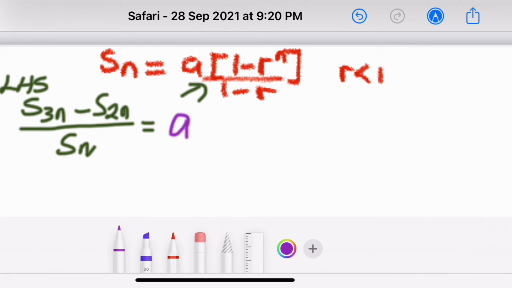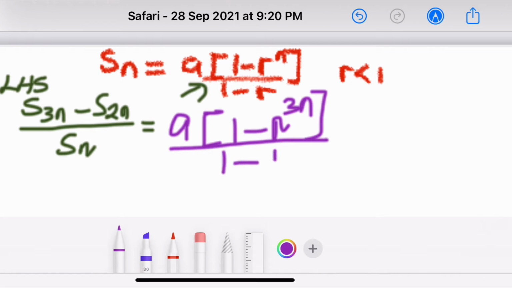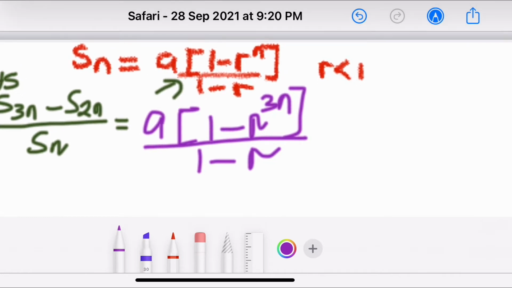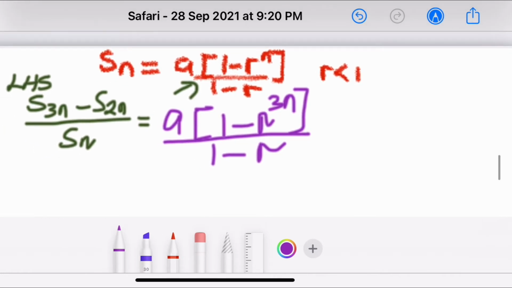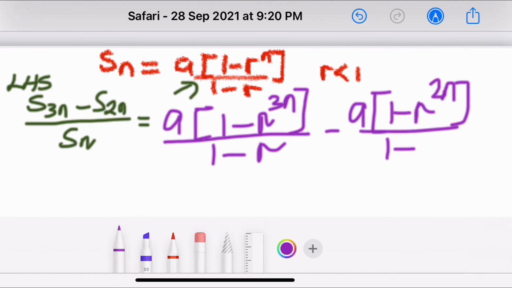For the sum of the first 3n terms, we just copy the formula. Here we will write 3n over 1 minus r. That is the sum for the first 3n. Then we minus the sum for the first 2n, which is still the application of the formula, just that here it is 2n, over 1 minus r.